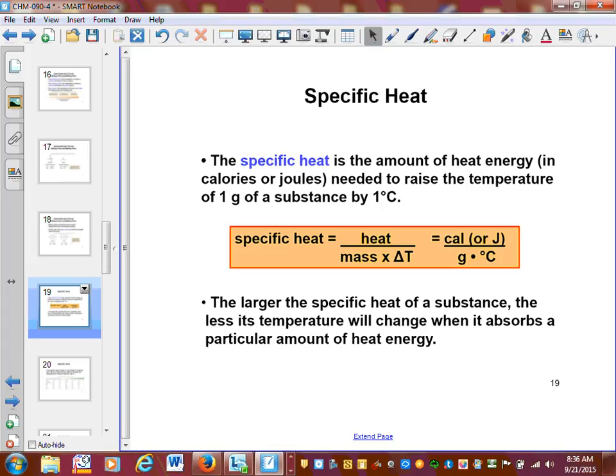The larger the specific heat of a substance, the less its temperature will change when it absorbs a particular amount of energy. So the units for specific heat are either calories or joules per gram per degree Celsius.